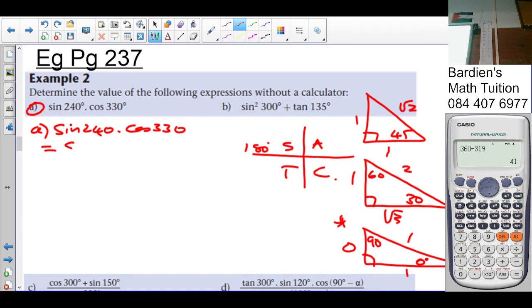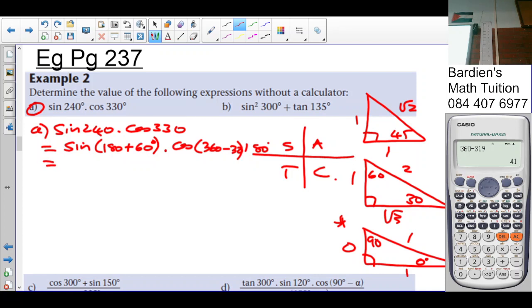So sine of 180 plus 60 degrees. 330 is in which quadrant? Fourth. How do we get in the fourth quadrant? Cos of 360 minus 30 degrees. Is that correct?